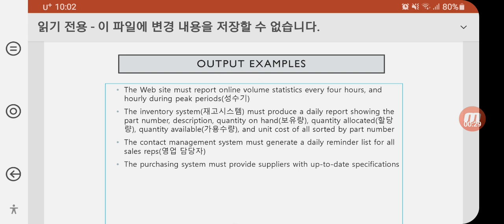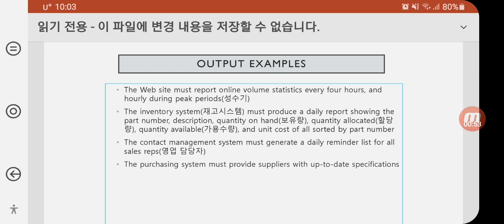The inventory system must produce a daily report showing the part number, descriptions, quantity on hand, quantity allocated, quantity available, and unit cost of all stored by part number.